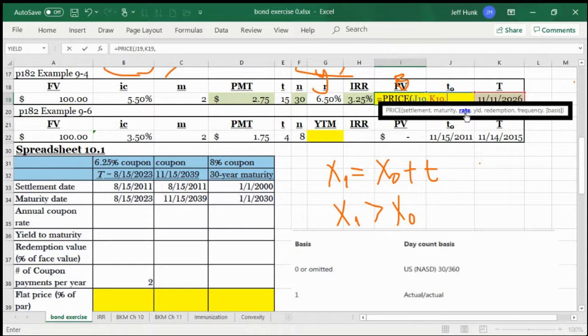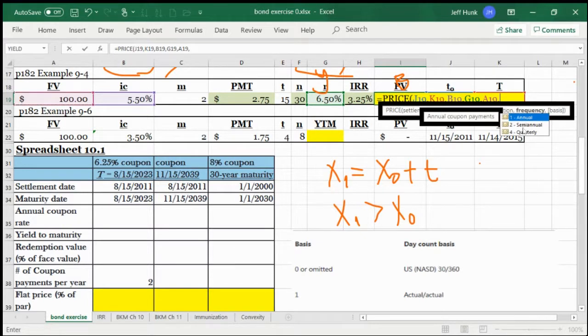And then rate means the coupon rate. So rate always means coupon rate in this command. And then yield is here, 6. And then what else? Redemption value, which is another name for maturity value or par value. And then frequency, it's semi-annual.